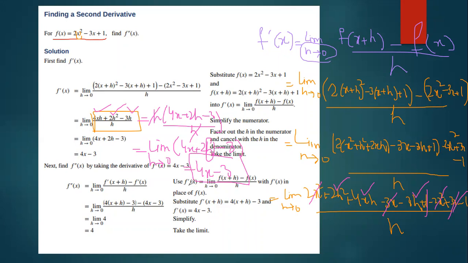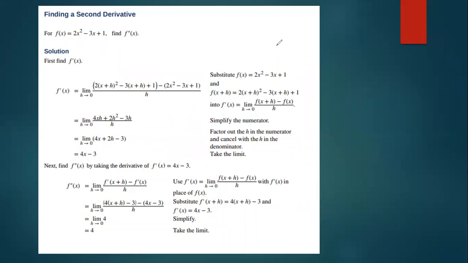Now take the double derivative. Now take the derivative again for this function. So again applying, f double derivative of x will be limit h approaches to 0 of f derivative x plus h minus f derivative of x, divided by h.